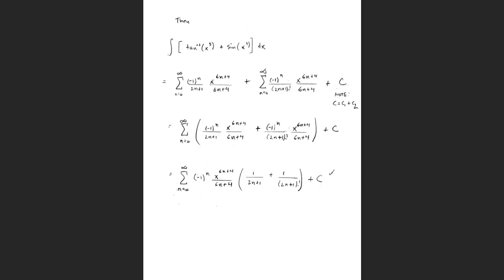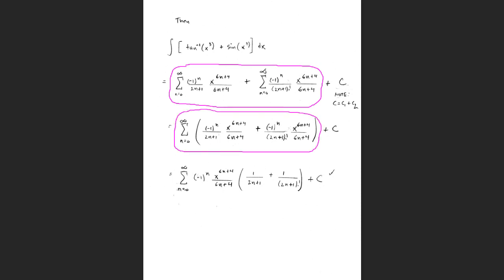So here we are. I'm going to combine the two power series here. I'm going to add them to get this power series. And incidentally, for that single power series, it appears we have a common factor.